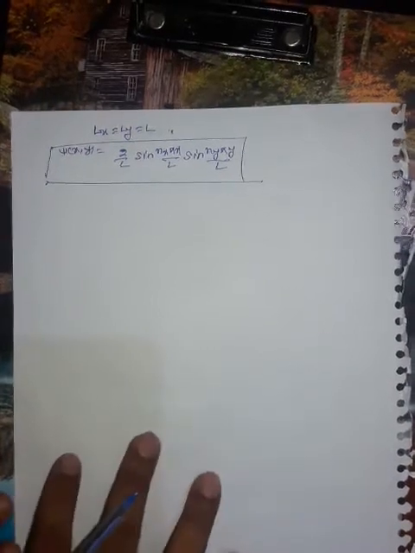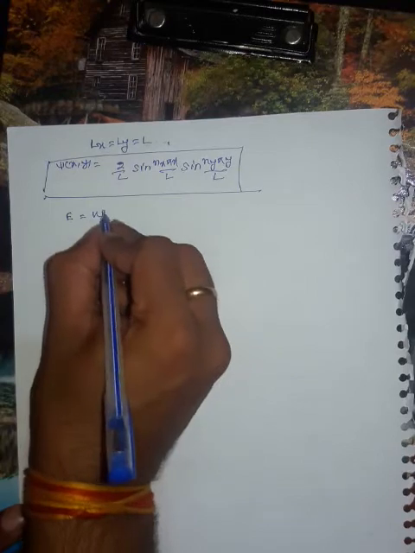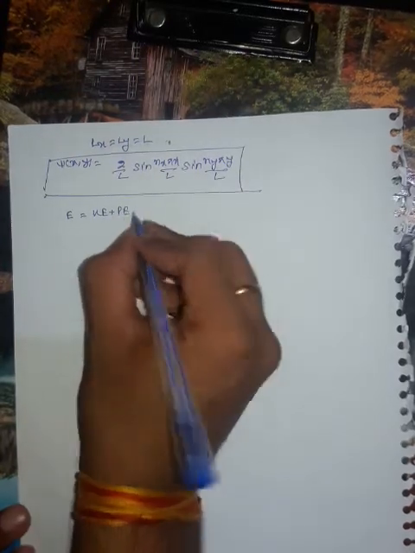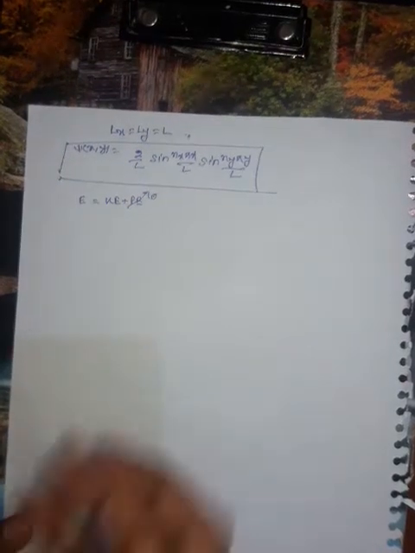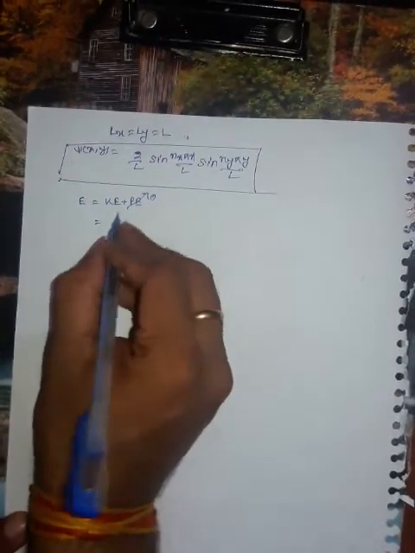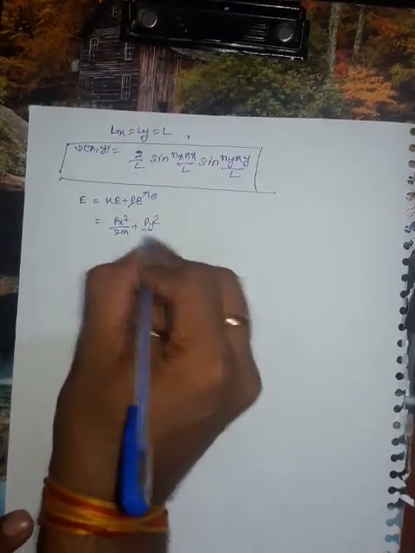So we can find the energy. Total energy is equal to kinetic energy plus potential energy. Here the potential energy is equal to 0 inside the box. So the kinetic energy of the particle is equal to px square by 2m plus py square by 2m.